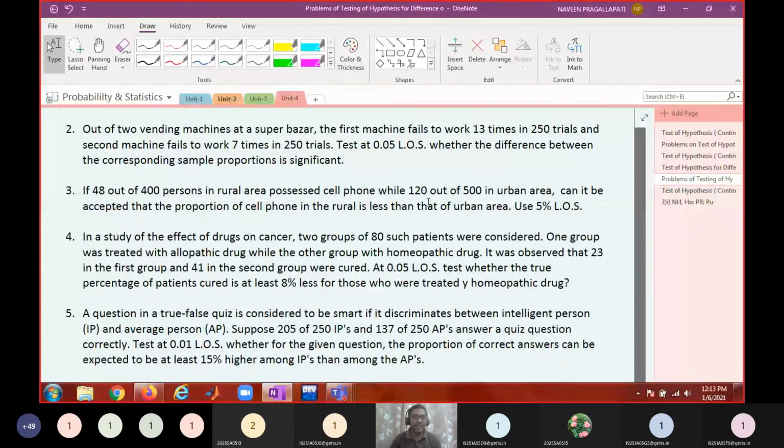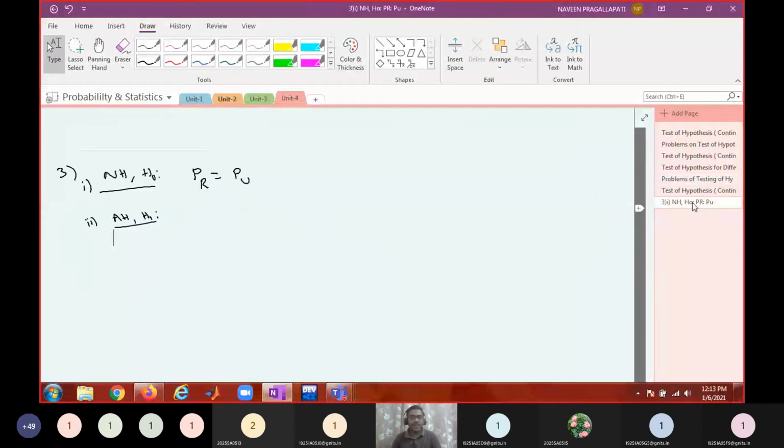Use 5% level of significance. Is this fine now? Yes, sir. So in that case, what would be our alternate hypothesis? PR less than PU.